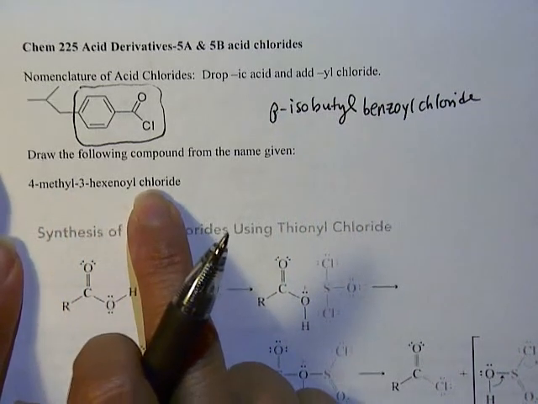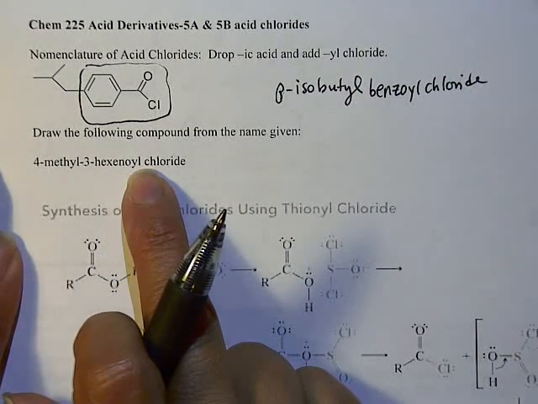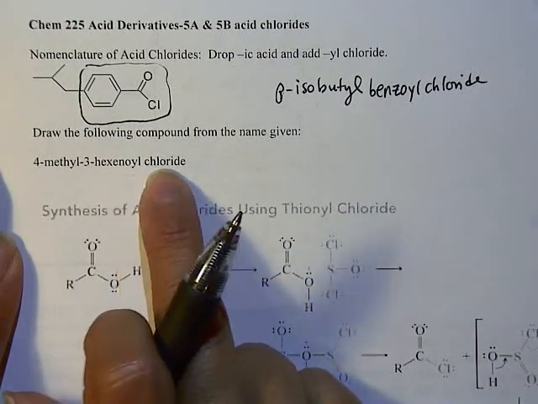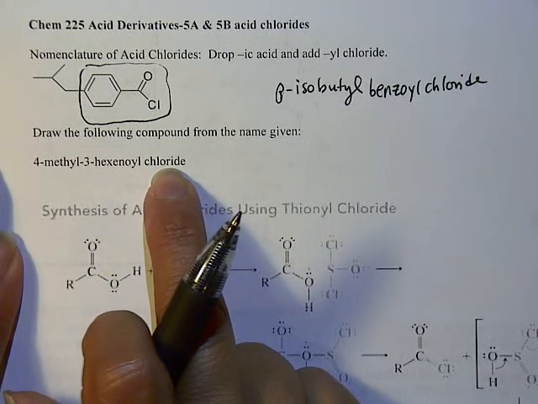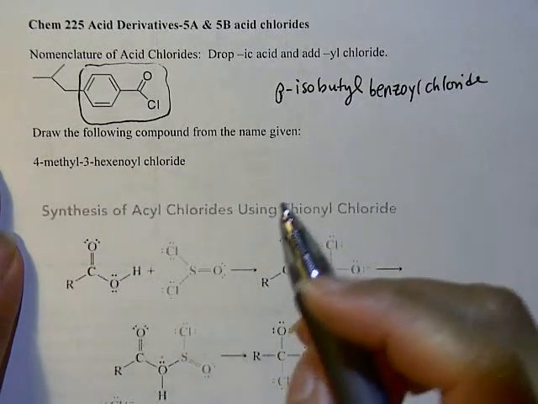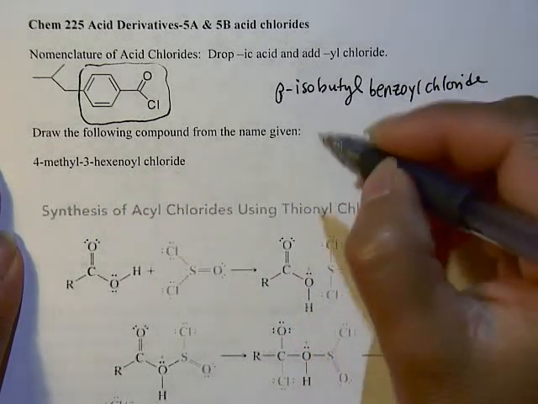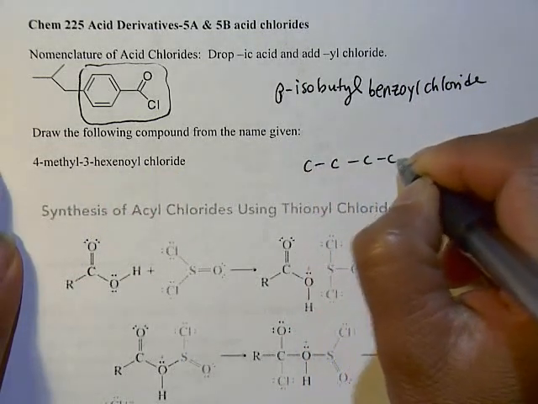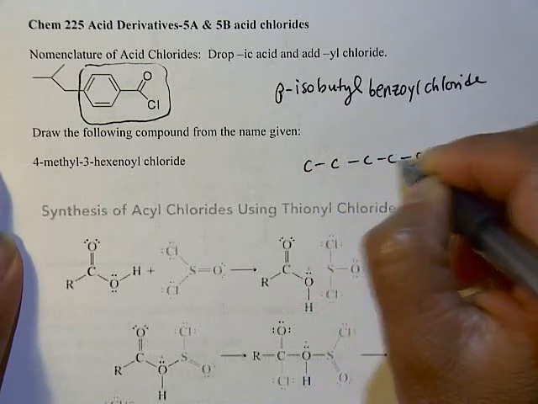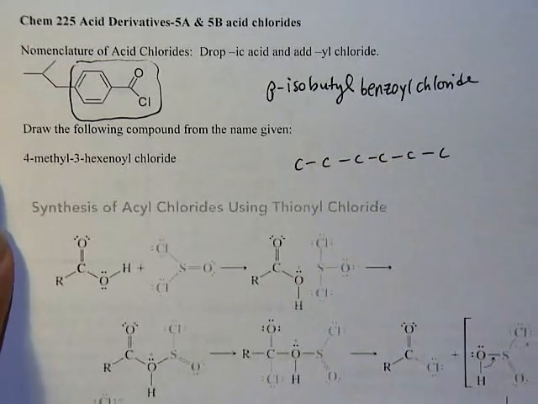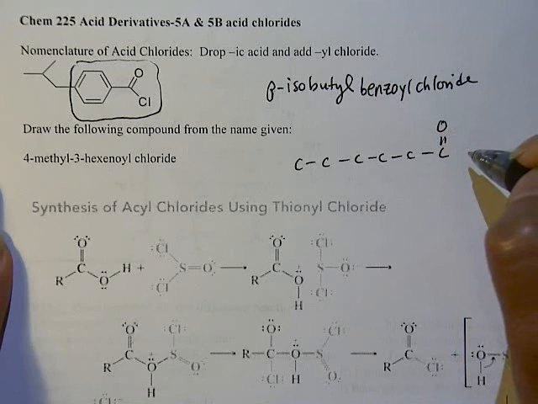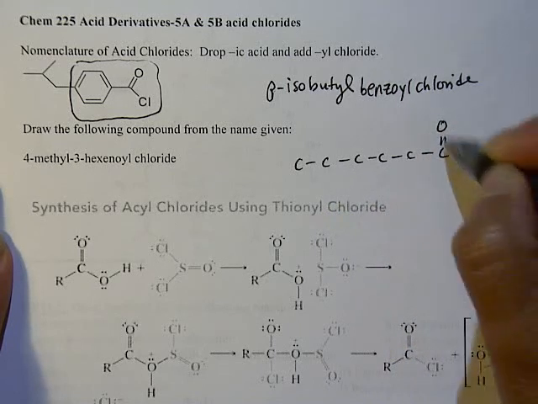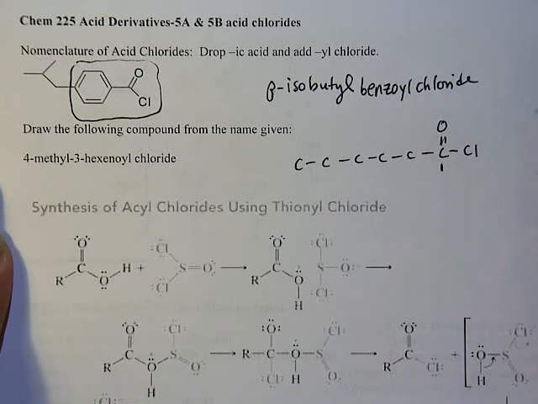You should also be able to recognize that you have an acid chloride when you look at the name. So, hexenoyl chloride: hexane would be 6 carbons long, so you would draw the 6-carbon chain. Notice that all acid derivatives have to be at the end, so you could choose either end as the acid chloride, and that will be carbon 1.